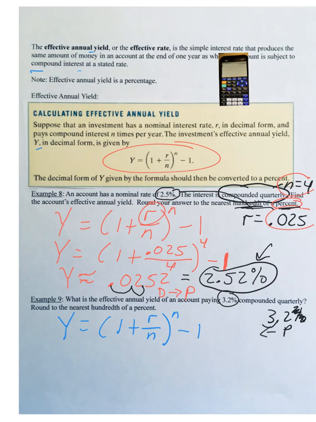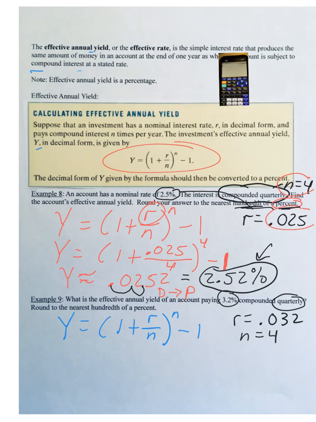So what we're going to plug into R is 0.032. The little n, well, it's compounded quarterly again. So yet again, n is 4. 4 times a year. The interest to be recalculated for the compounding there.